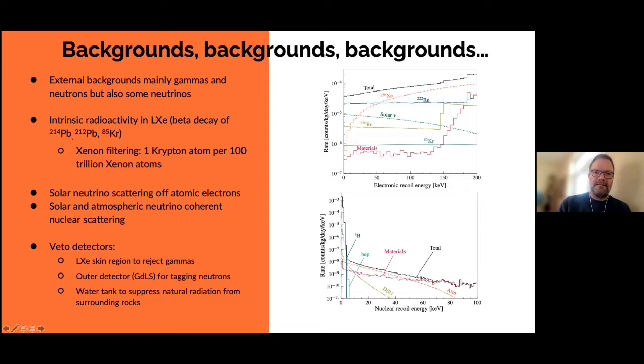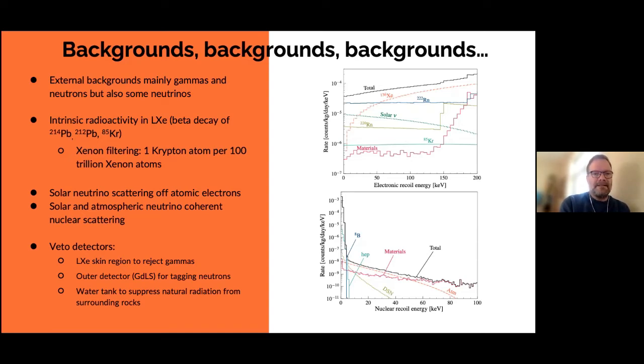And again, electron recoils you can get from radon, different radon isotopes, kryptons, and again your materials. Notice the energy range here goes up to 200, so really the left part here is the relevant part for a WIMP search.